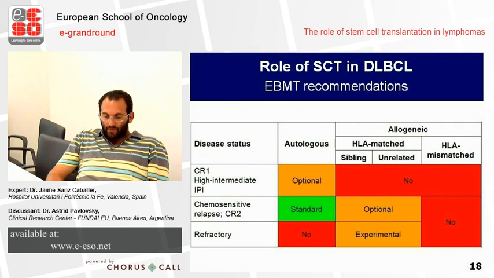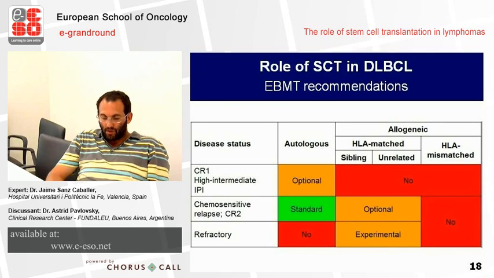Finally, for the role of stem cell transplant in diffuse large B-cell lymphoma, we can see here the EBMT recommendations. Autologous stem cell transplant is still considered the standard therapy for patients with chemosensitive relapse of diffuse large B-cell lymphoma.